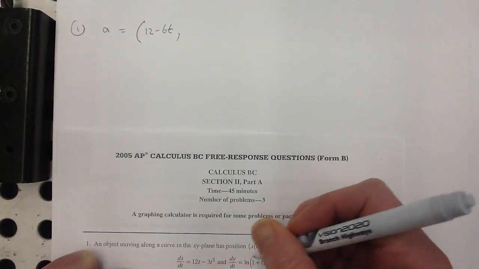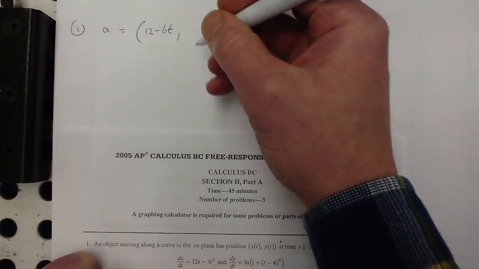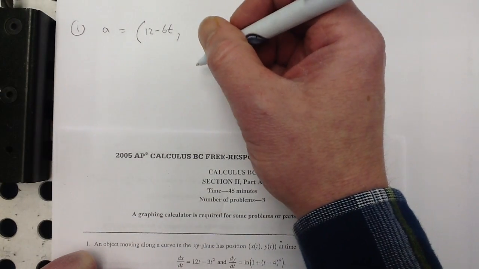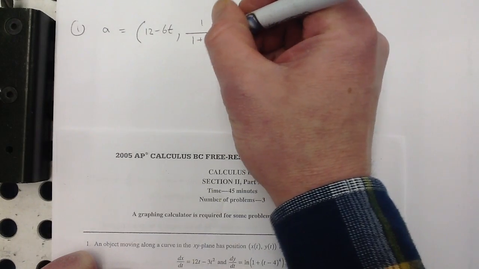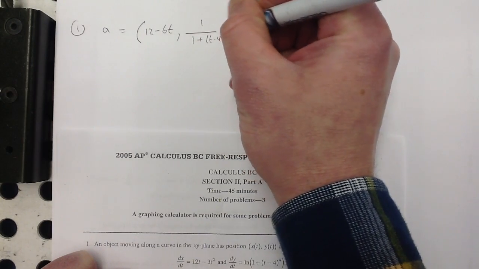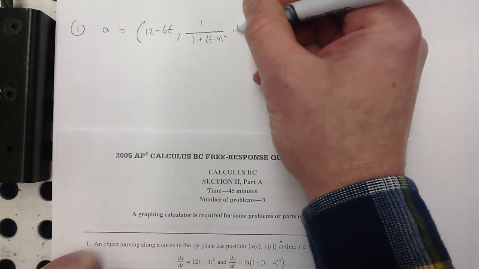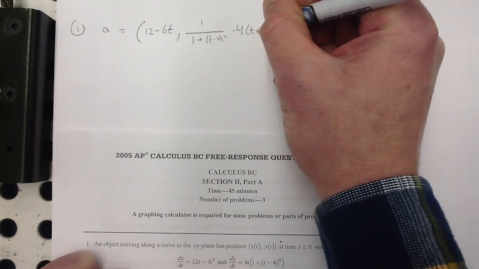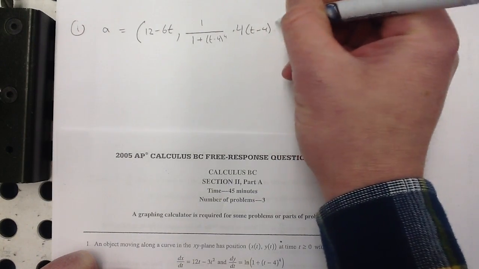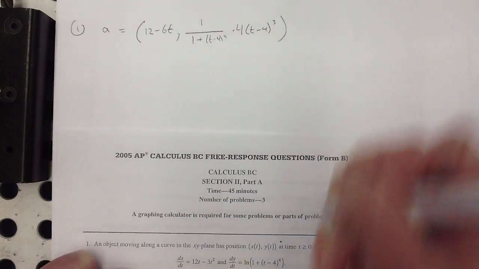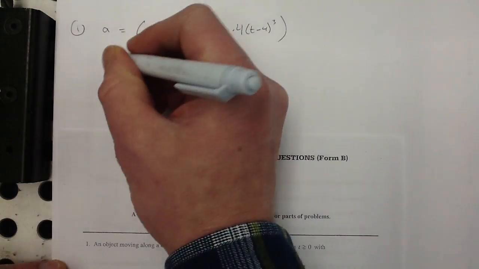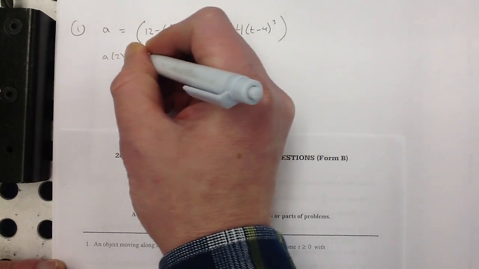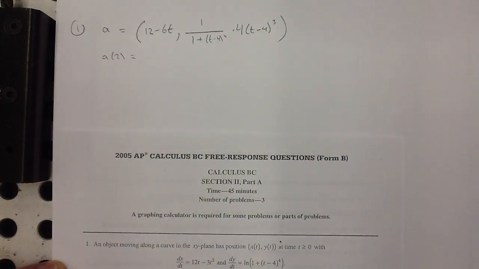And then the derivative of the y coordinate is going to be 1 over 1 plus t minus 4 to the fourth times the derivative of what's inside, which is 4 times t minus 4 to the third. But you don't actually have to do that, because to find the acceleration vector at time 2, we could use our calculator, and let's actually do that.